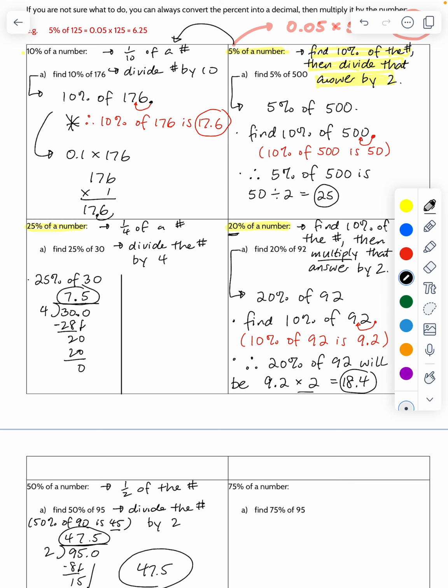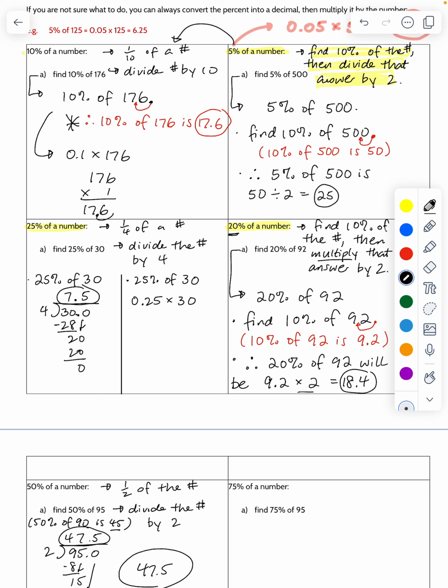Now, if I did it the other way and I took 25% of 30, and again, you can do this with any percent, think to yourself, what is 25% as a decimal? Well, you're going to be doing 25 hundredths times 30. Now, I kind of know that my answer is already going to be 7.5 because I did the long division. So ideally, you're estimating this in your head, but I'm going to use my other answer of 7.5.